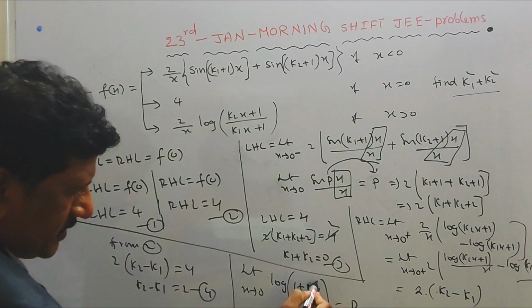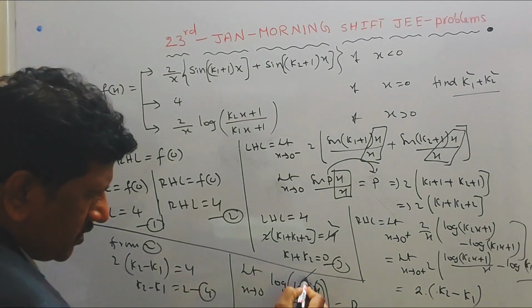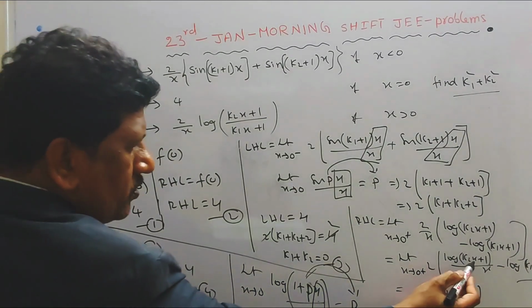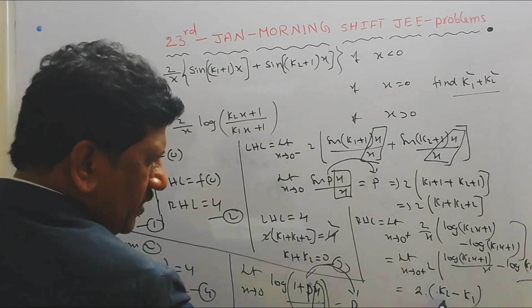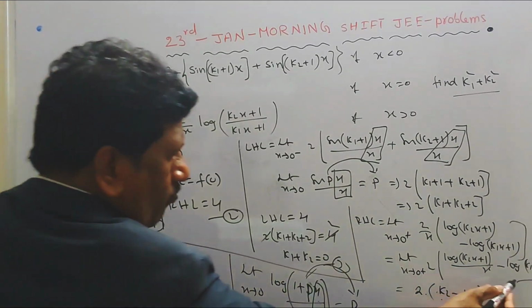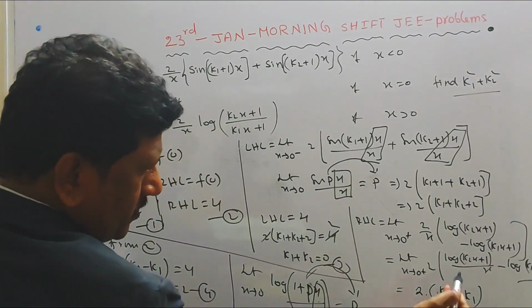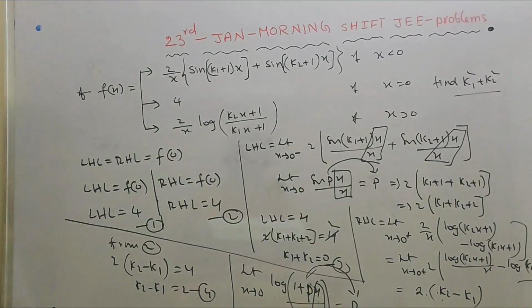When these both x's are similar, whatever the side constant value is, that will come. Similarly here both x's are similar, side constant value k2, and side constant value k1, so minus is there like that.